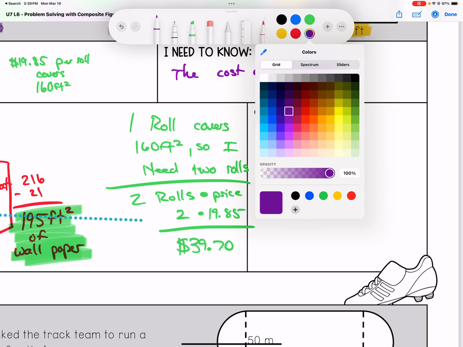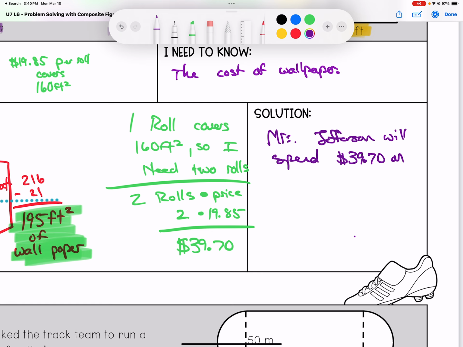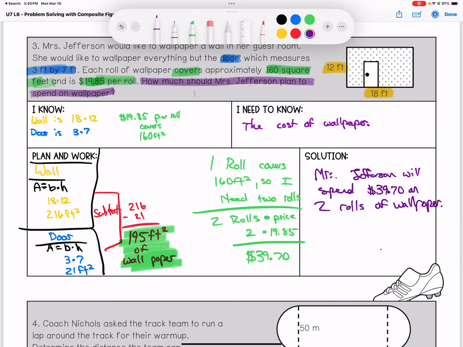So the answer is Miss Jefferson will spend $39.70 on 2 rolls of wallpaper. Let me zoom out. You can pause it and get all that you need to.